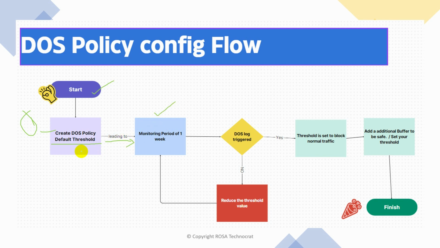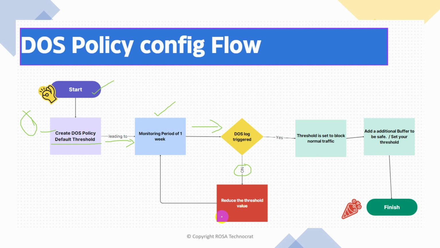Once you configure this DOS policy, you should monitor it for at least a period of 1 week and see how many times the DOS log triggered. Does it match the policy at any time? And if the log did not trigger, that means you have to reduce your threshold values.